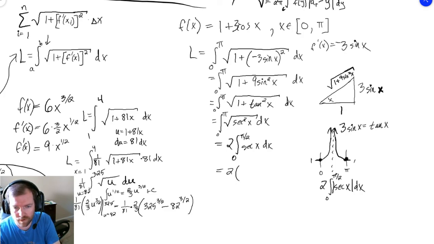Natural log, absolute value secant x. Oops. Plus tangent x. Evaluated from 0 to pi over 2.